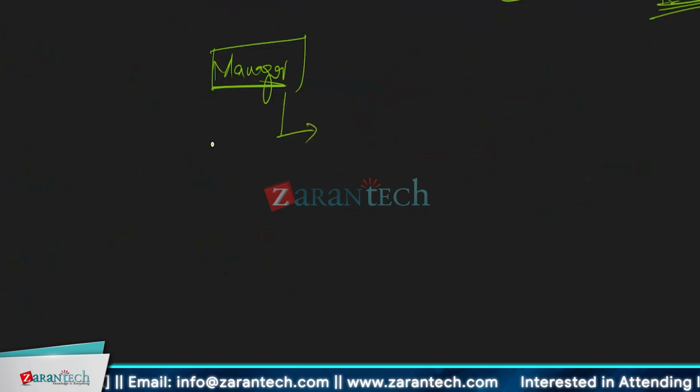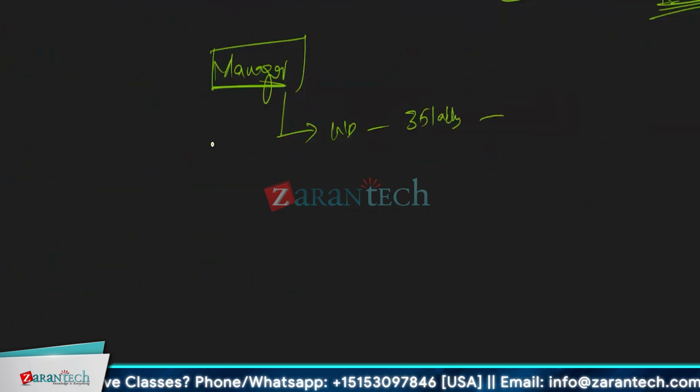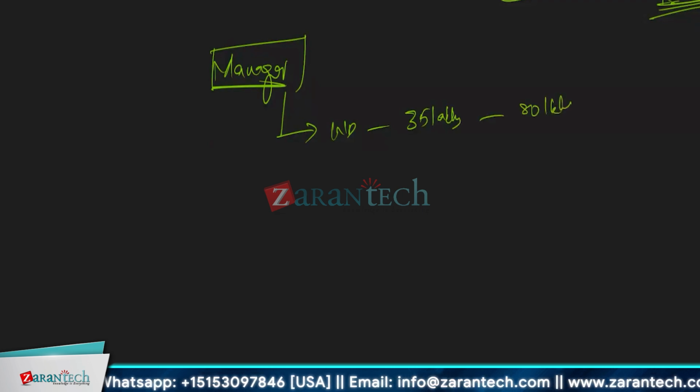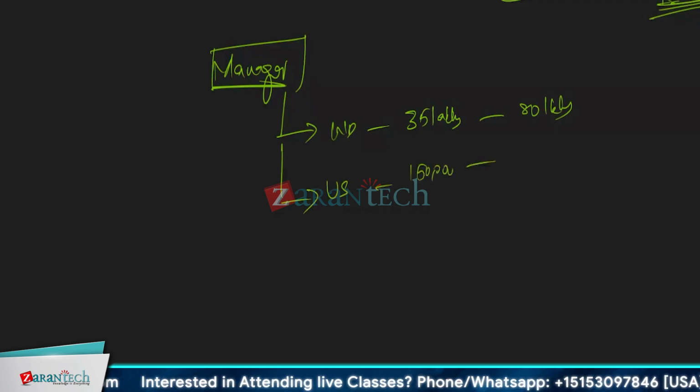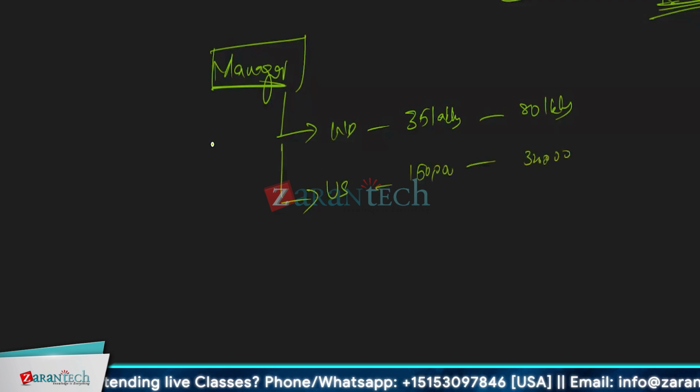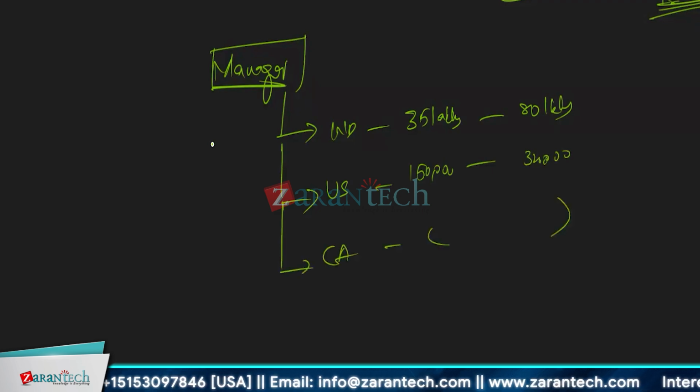So let's say if the country is India, you have a specific pay range of 35 lakhs to 80 lakhs. If the employee is from the US, they are paid a pay range of 150,000 to 320,000. If the employee is from Canada, you have a different range.